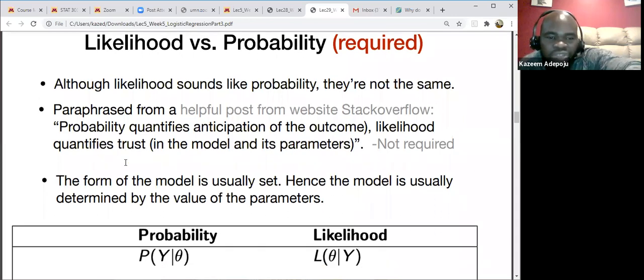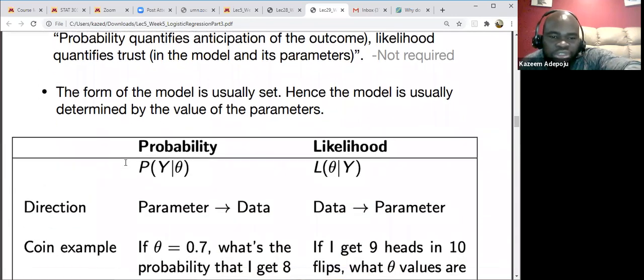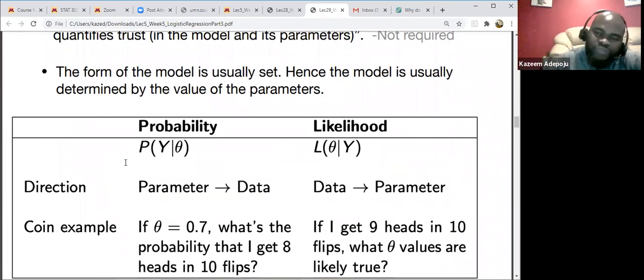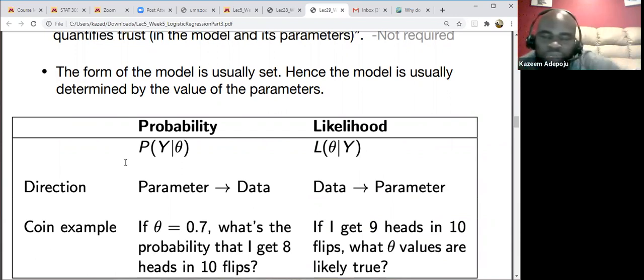Because of that, I'm going to introduce a concept right now. Don't forget that when you have a model, the model has a combination of parameters. Every statistical model has a combination of parameters. Now take a look at what I have right here.